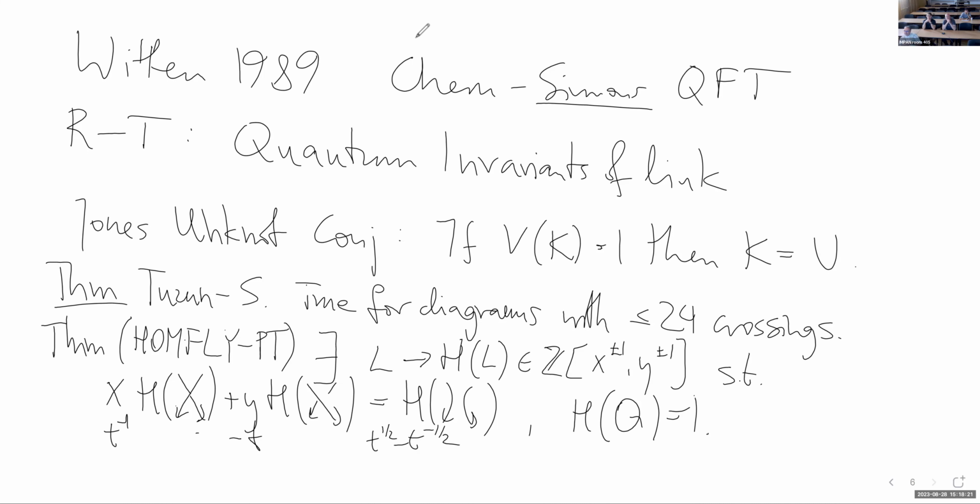I have a stupid question. This ring on the right-hand side, this one, Z[t^{±1}, x^{±1}] and so on. So this is the group ring of... Does this have some deep meaning here?